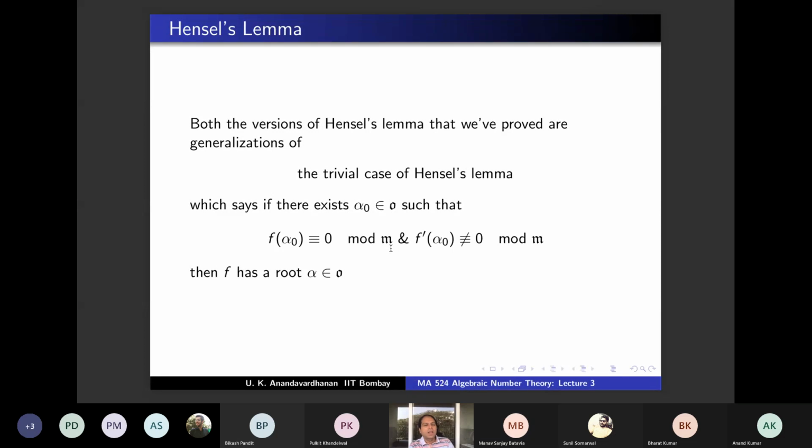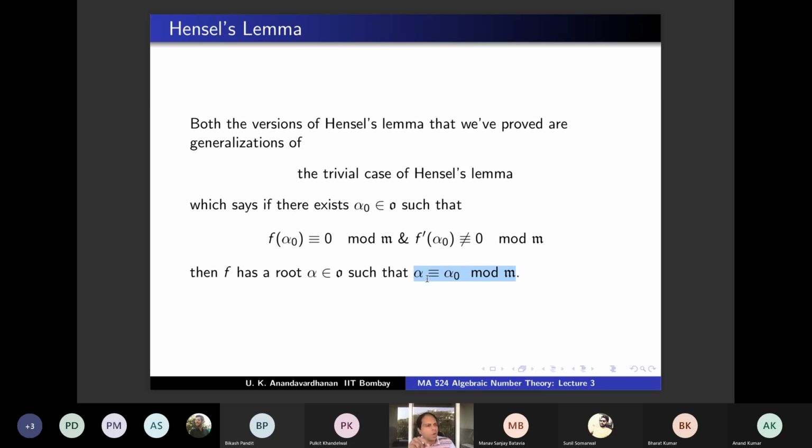Yes. There we have concluded that f has a root because |f(alpha naught)| is less than |f'(alpha naught)|^2. Therefore, that Hensel's lemma says it has a root alpha. Now I want to conclude this part. I'm saying that also follows because in that lemma you had |alpha minus alpha naught| less than or equal to that C. C was that quotient, and that quotient is strictly less than 1 because of this assumption.